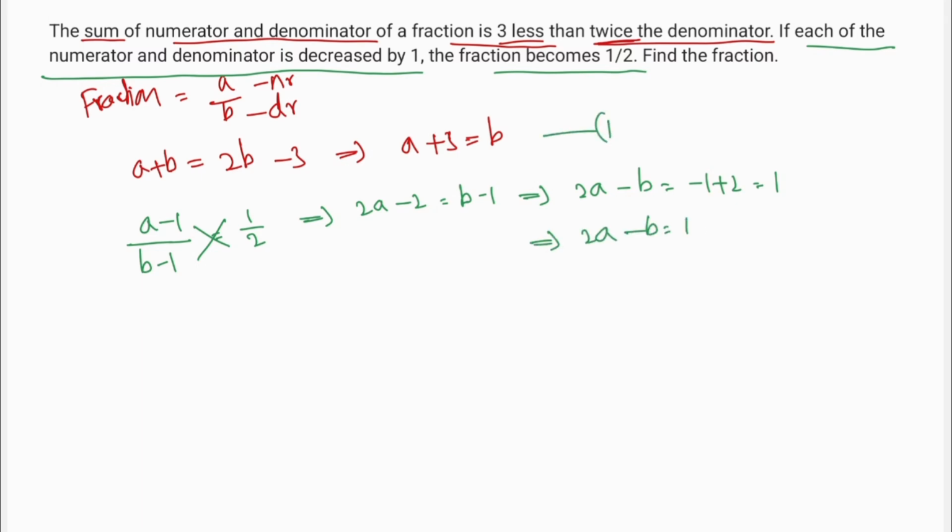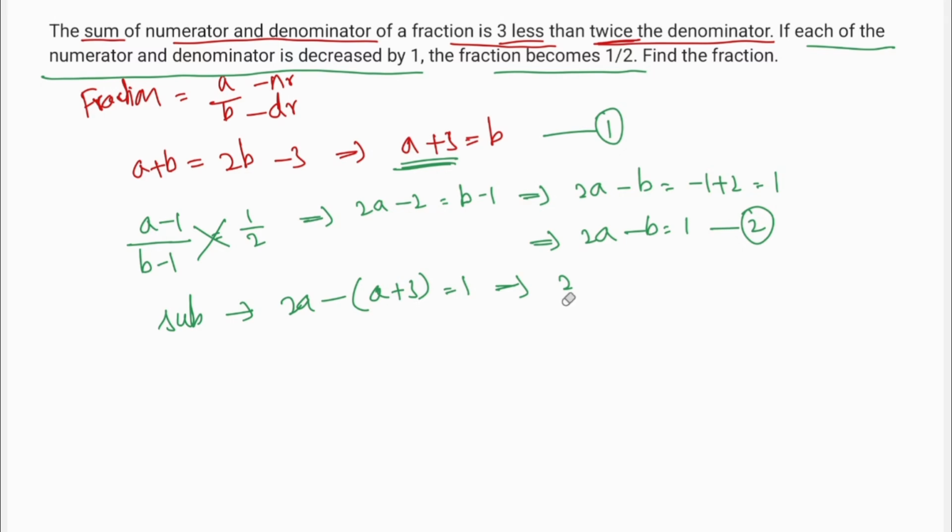Here we have two equations, first equation and second equation. You can either use substitution method or elimination method. Okay. Now in the first equation we already have b value. So we will use the substitution method. Okay. You substitute b value in second equation. You will get 2a minus b value is a plus 3 is equal to 1.